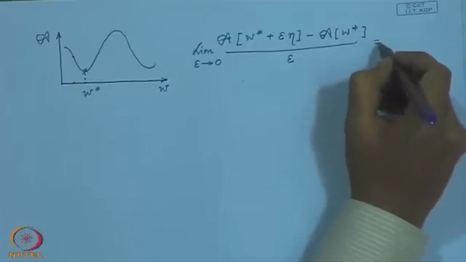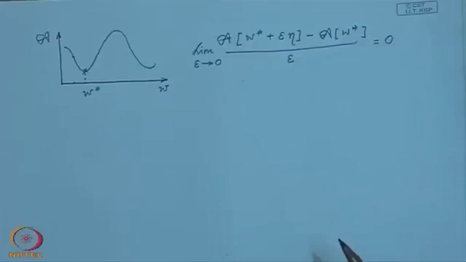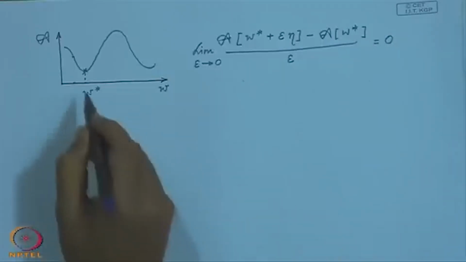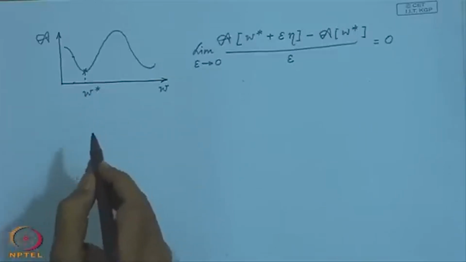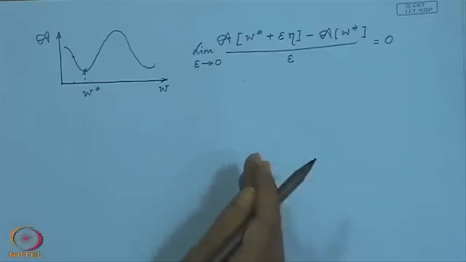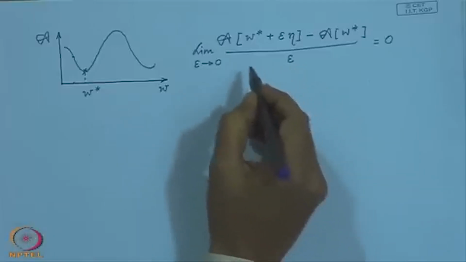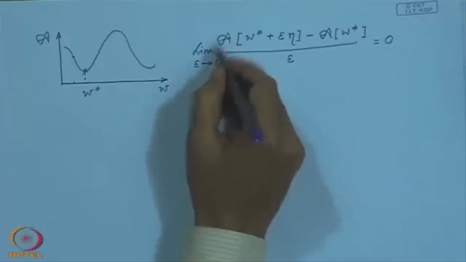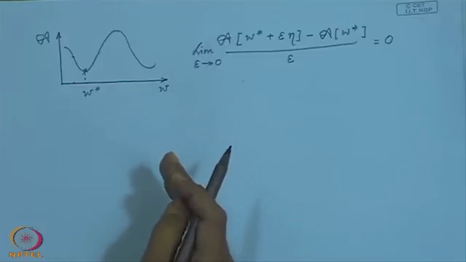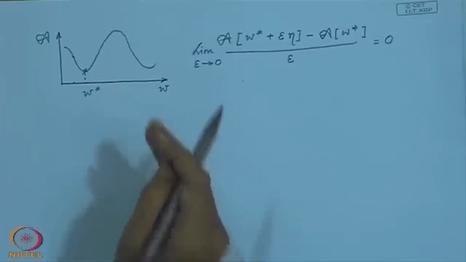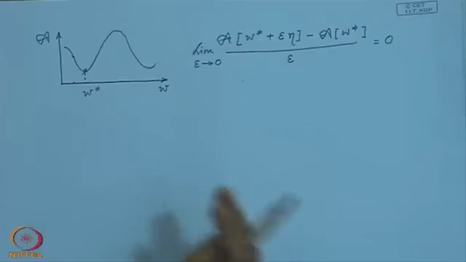And if this turns out to be 0, then I say I have found a path that the string has taken to move from configuration 1 to configuration 2. Remember, this action is being calculated as an integral from T1 to T2 of the Lagrangian.